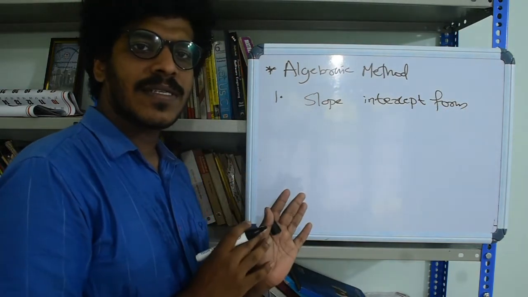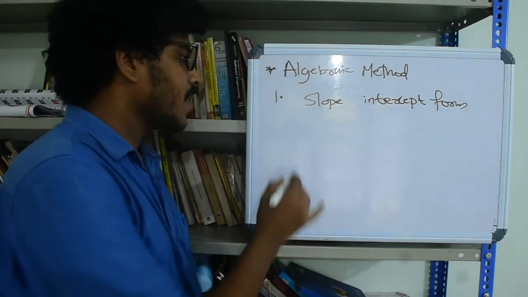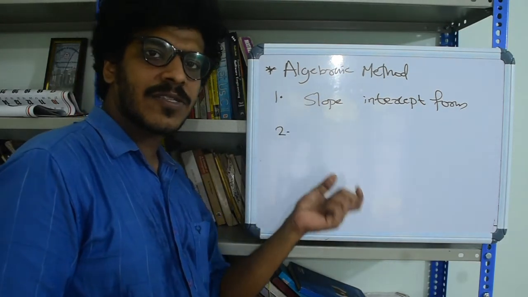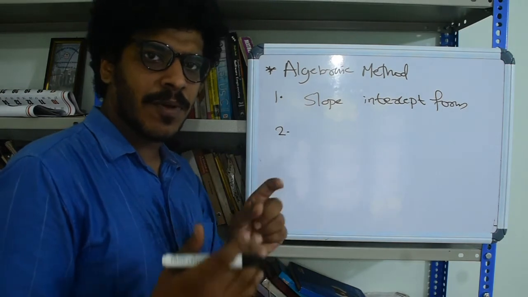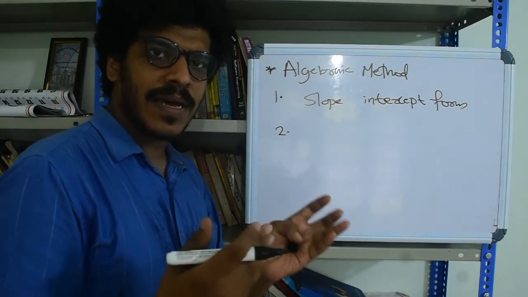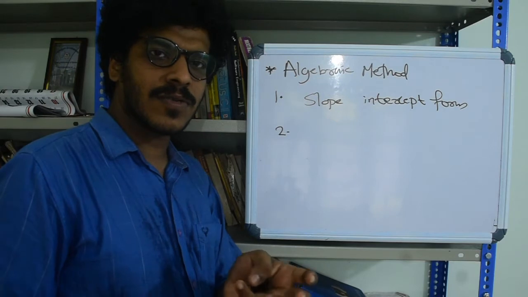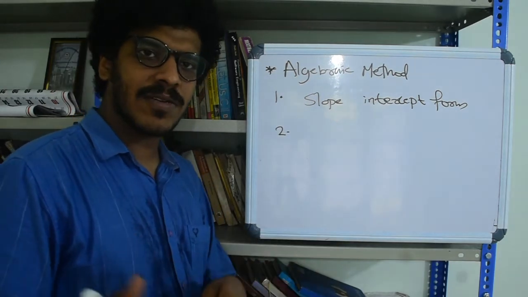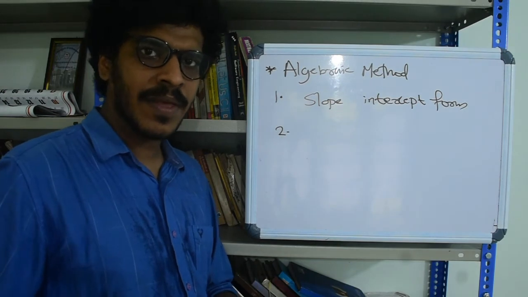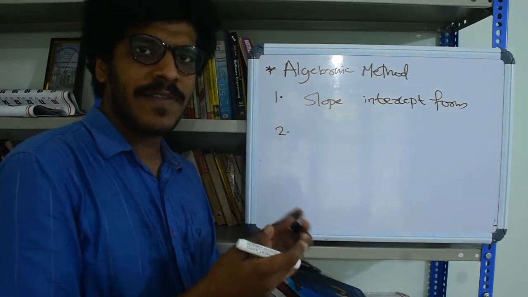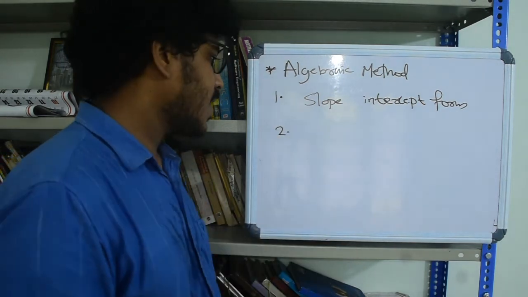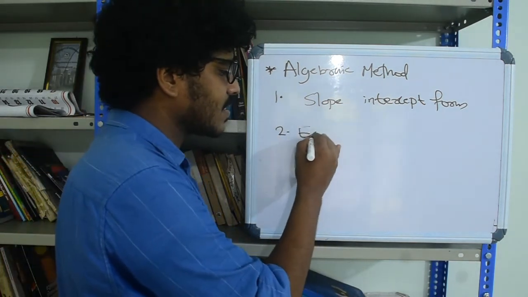When we convert the equations to slope-intercept form, one will be of the form y equals mx plus b, and the other equation will be something like y equals nx plus e. Whatever it is, the left hand side will be y, which is the same, so we can equate the right hand sides, and that's the second step.